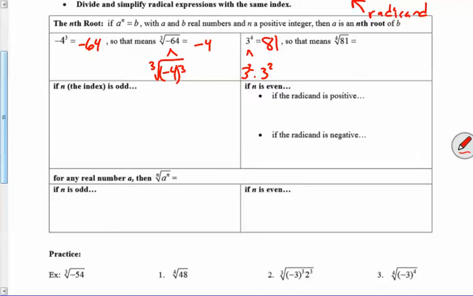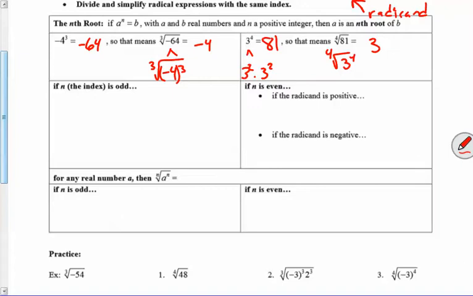So the fourth root of 81 is really the fourth root of 3 to the fourth power, so I get 3. Now, notice I didn't say plus or minus 3 because I didn't take the fourth root of a variable. It's not an equation. I'm not trying to solve for a variable.